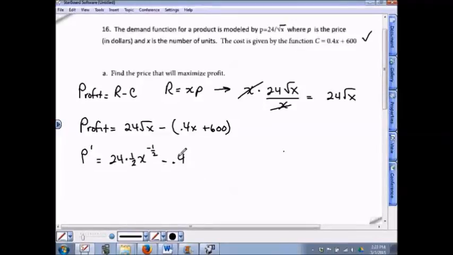I'm going to go ahead and change 0.4 into a fraction. 0.4 is 4/10. 4/10 is 2/5. Half of 24 is 12. So the derivative of profit is 12 over the square root of x minus 2/5. Now we have to find the price that will maximize profit. So we need to set the derivative equal to 0 and find the extrema.